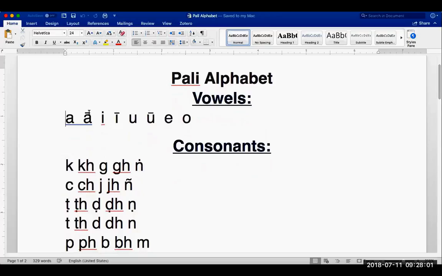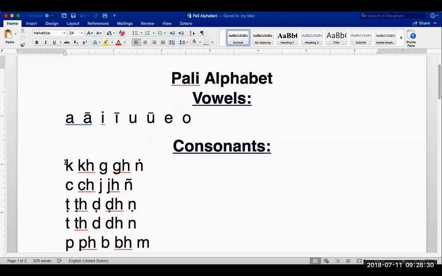These are called diacritical marks. These diacritical marks will be used in order to show some more letters that are in the Pali alphabet.